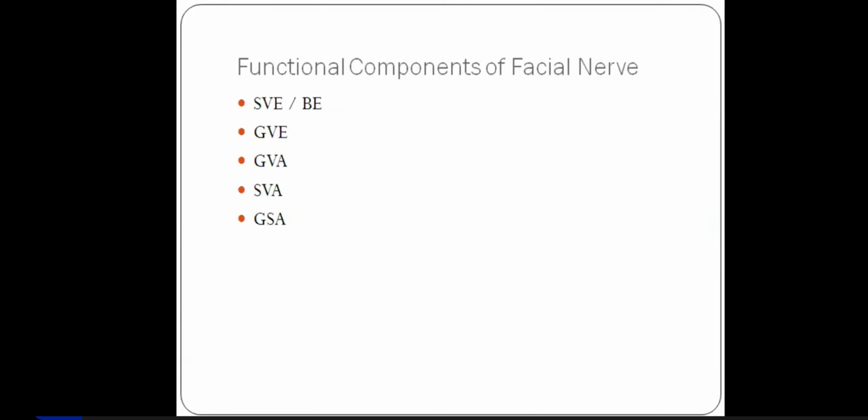Then the next functional column is general visceral efferent. This functional column provides efferent fibers to innervate the smooth muscles. Right? This is an autonomic functional column, and here the purpose is to provide nerve supply, actually secretomotor fibers, to the glands.